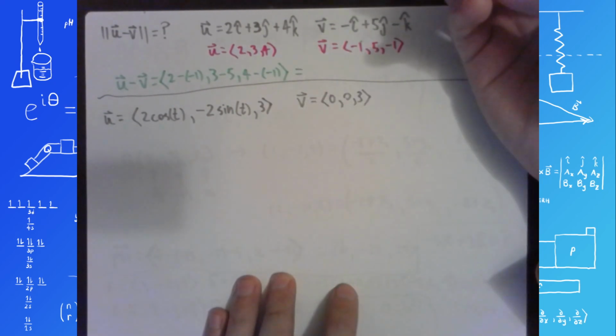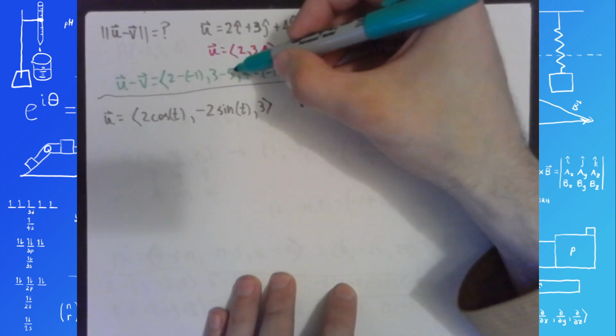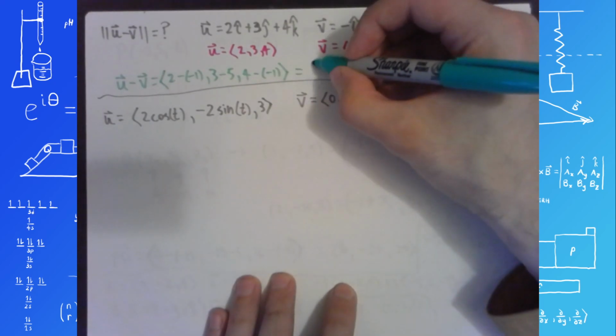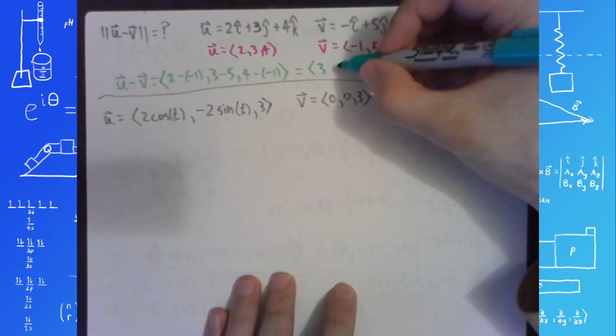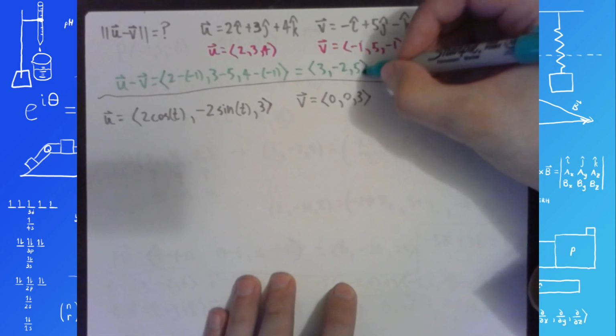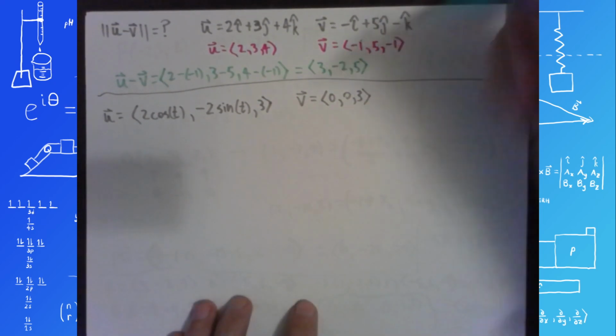And that gives me 3, negative 2, and 5. We'll calculate the magnitude for it in a minute.